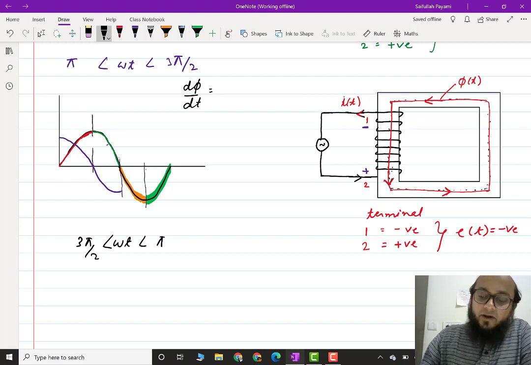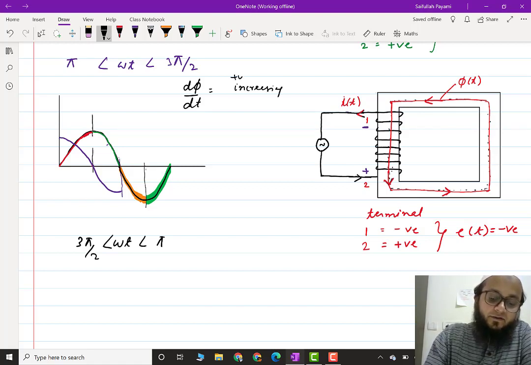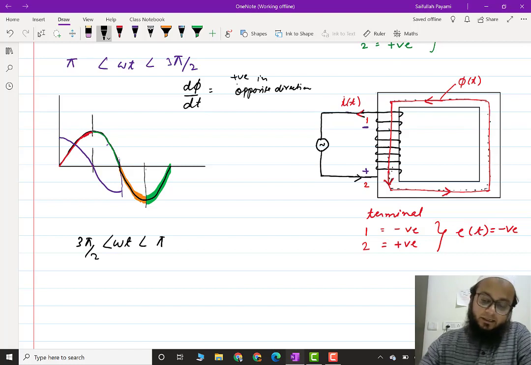Or if I have marked the polarity of the direction of the flux in the opposite direction, what we can say is d phi by dt is increasing in the opposite direction, positive but in the opposite direction. That means it's negative only, right? So it is increasing but in the opposite direction.